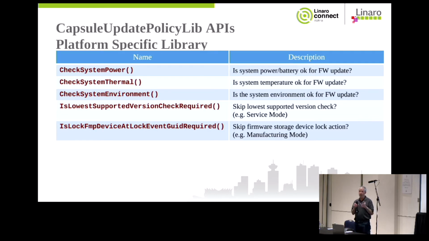So if you want to have a way to prevent your flash devices from being locked or allow an older version of firmware to run, you can basically put some hardware-specific, platform-specific checks in to say, I know I'm in a service center, or I know I'm on the manufacturing line, and I can allow some different policies to occur. By default, these are implemented as false and false. It's like, no, I'm not in those environments. I'm actually out in an end-user state, and do not leave the flash devices unlocked.